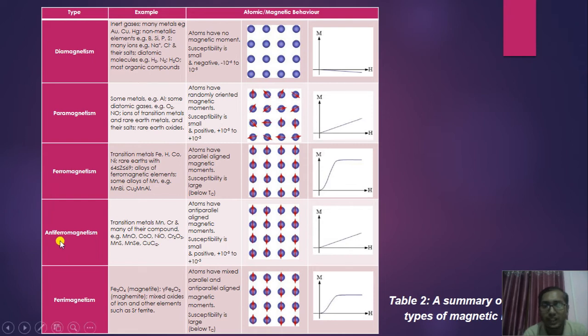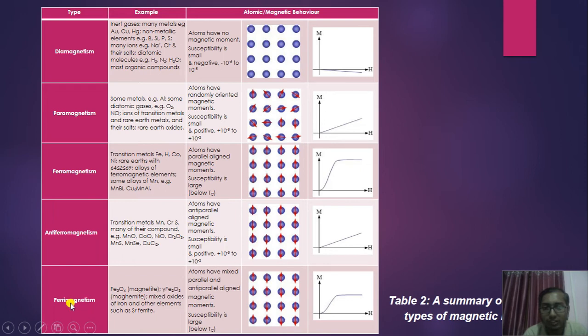Then we have antiferromagnetism. Here the susceptibility is small, because the atoms have anti-parallel aligned magnetic moments. You can see here the magnetic moment is upward, here it is downward, here also downward, again upward, again downward. This is antiferromagnetism.